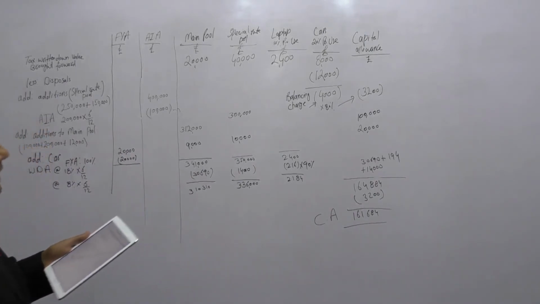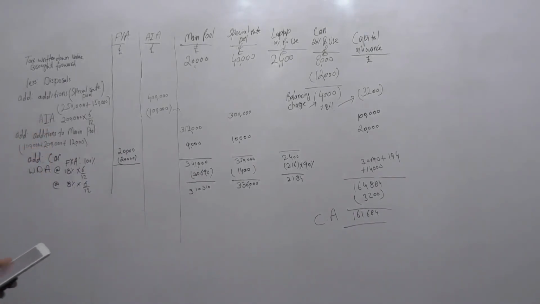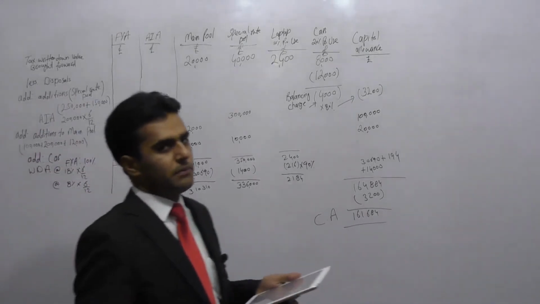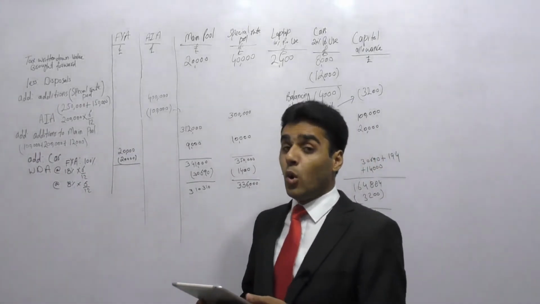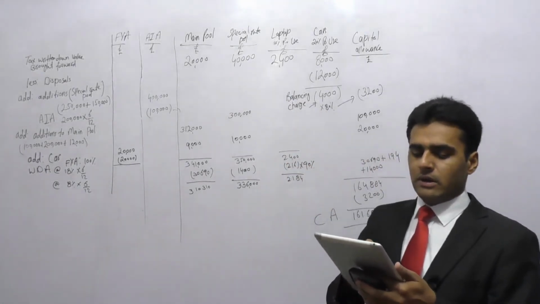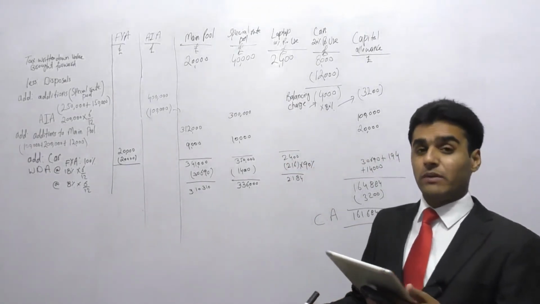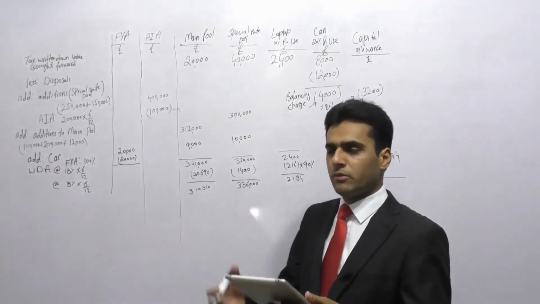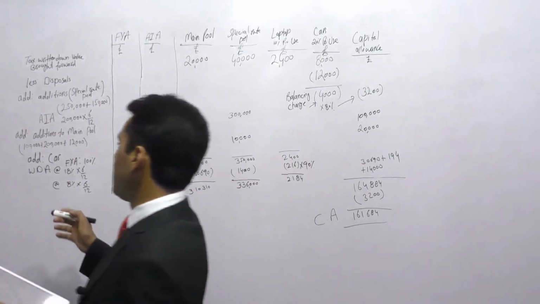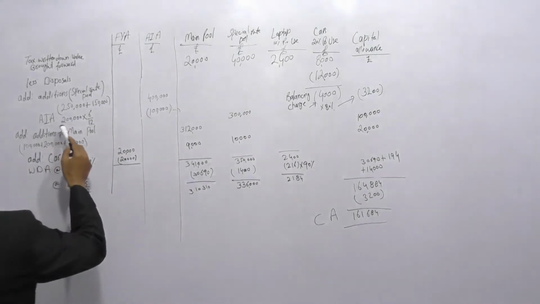Now that will be eligible for annual investment allowance, but the annual investment allowance for our current tax year is £200,000. It was a little different in the previous tax year. For our current tax year, it is £200,000 for a whole year. Now remember that he has made up accounts to 31st December 2015, which is 6 months long accounts. So that's why we will apportion our annual investment allowance as well.